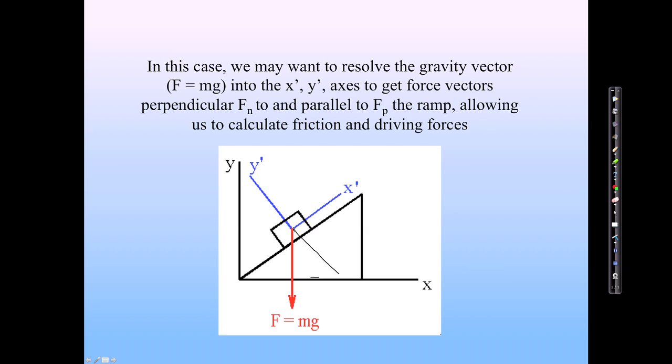So here's Fg y prime, and here's Fg x prime. And in this case, it's the axes x prime and y prime that are most interesting, because x prime is the direction in which any motion would be happening if it were to happen.